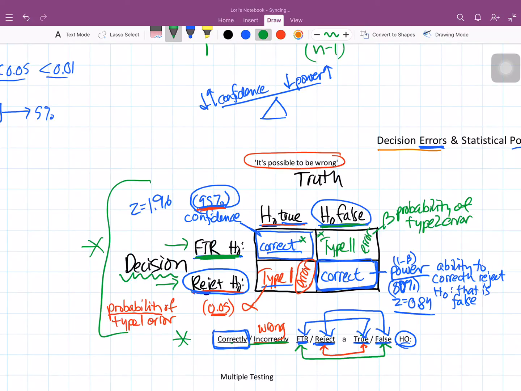If we fail to reject the null, we can't commit a type 1 error because we're not even in that row. So failing to reject the null means that we could have failed to reject the null and we were right, that the null hypothesis was true, or we could have failed to reject the null and made a mistake because the null was actually false.